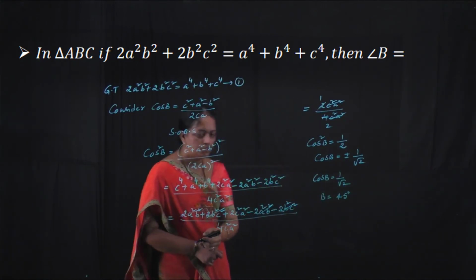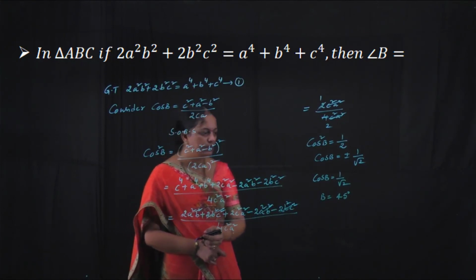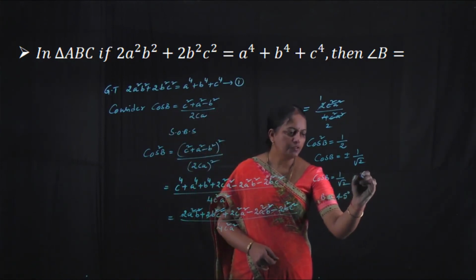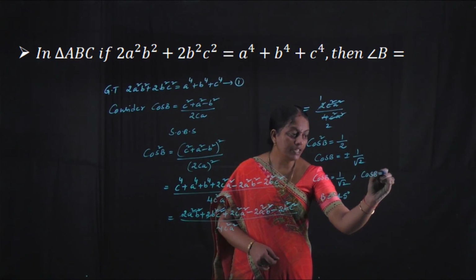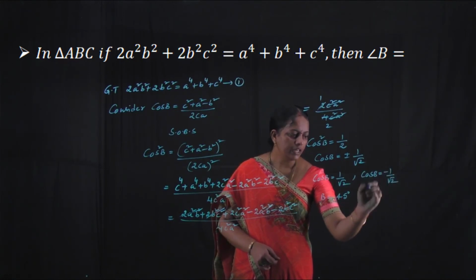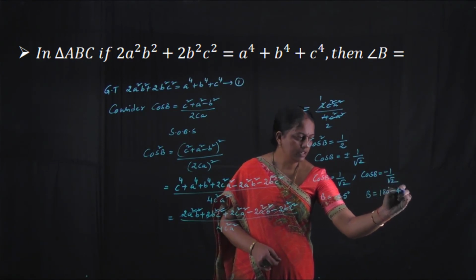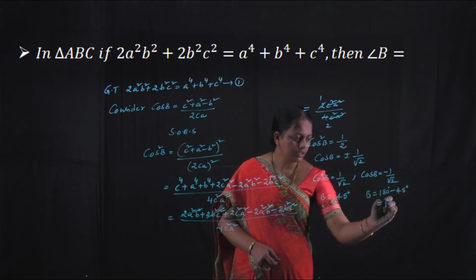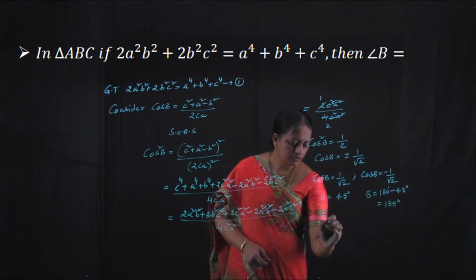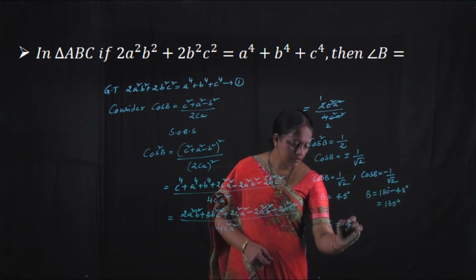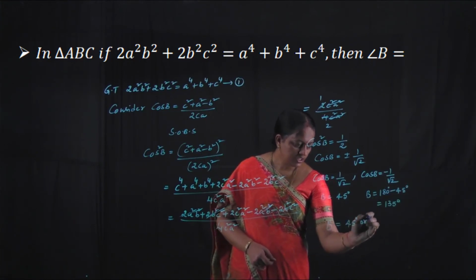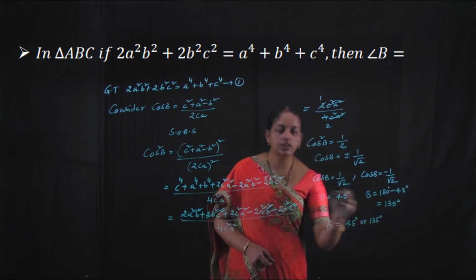And if cos B is equal to minus 1 by root 2, then angle B is equal to 180 minus 45, that is equal to 135. Hence, we conclude that angle B is equal to either 45 degrees or 135 degrees.